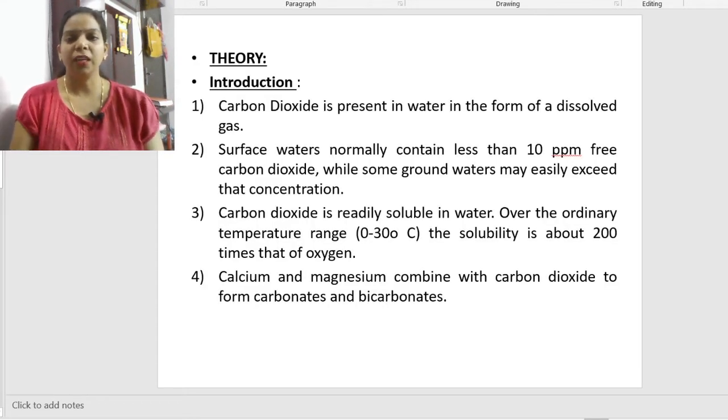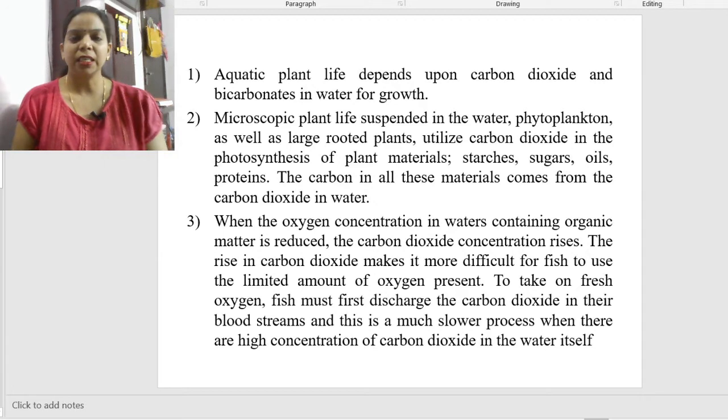In the theory behind this practical, you must know the properties of carbon dioxide, what is the minimum and maximum amount of carbon dioxide dissolved at a particular temperature in any water source, and what is the importance of dissolved carbon dioxide. Carbon dioxide plays a very important role in aquatic life, because aquatic plants always take carbon dioxide for photosynthesis and for their lives.